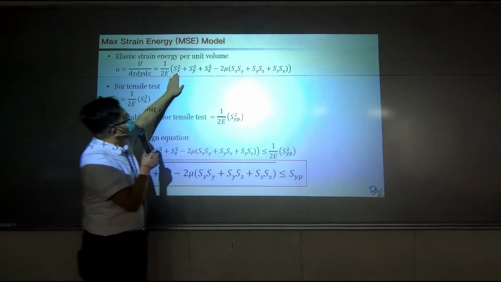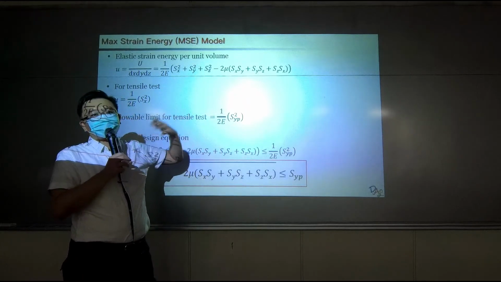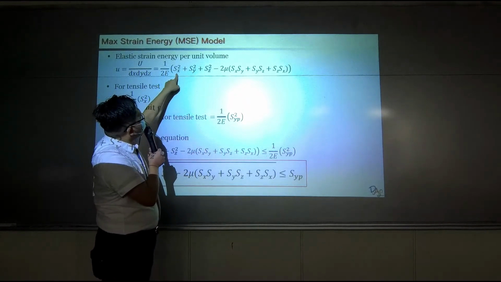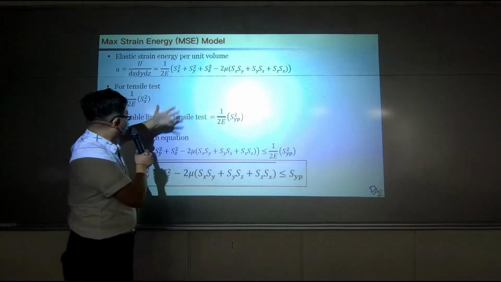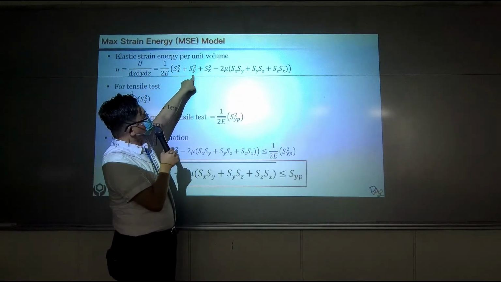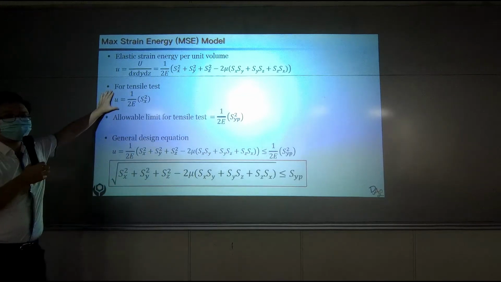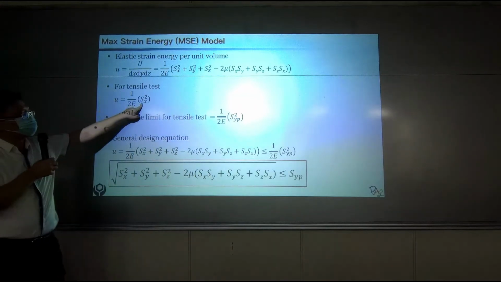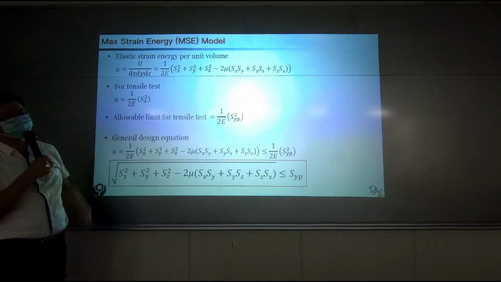Okay, if there's no force, no deformation, no strain energy. If there's only one force along one direction, then we have an equation like this, because the stress along y and z are 0. So for a general case, a tensile test, we only have stress in, for example, the x direction.